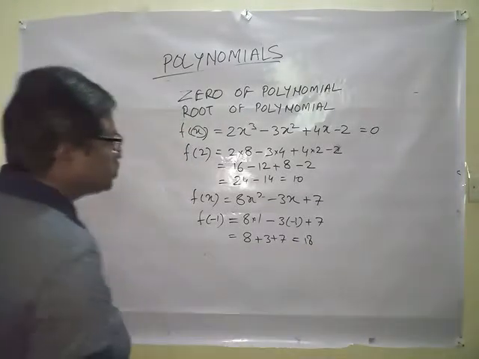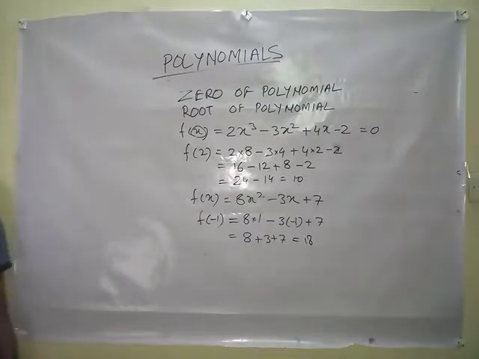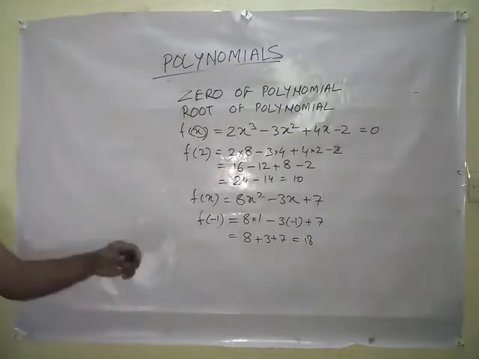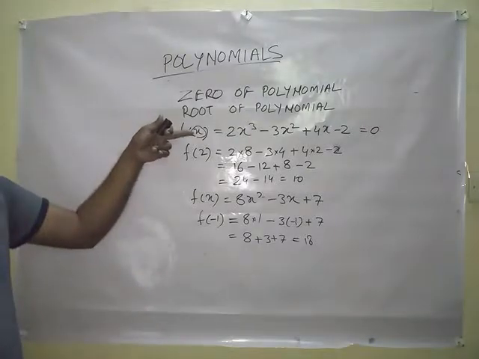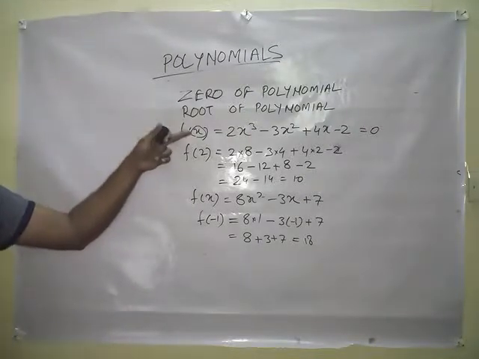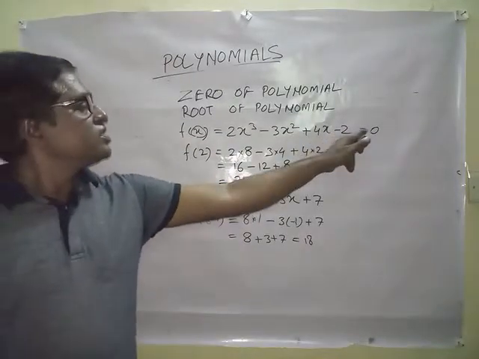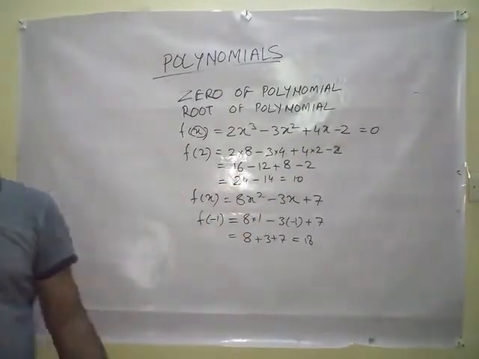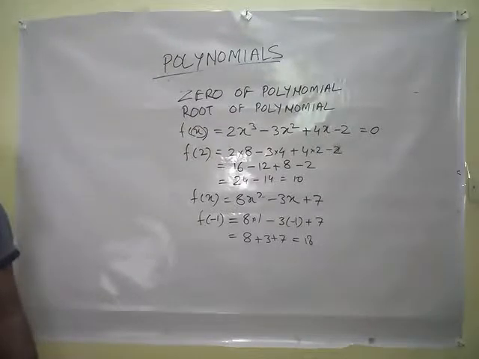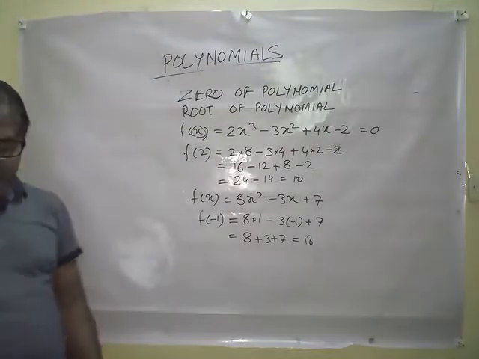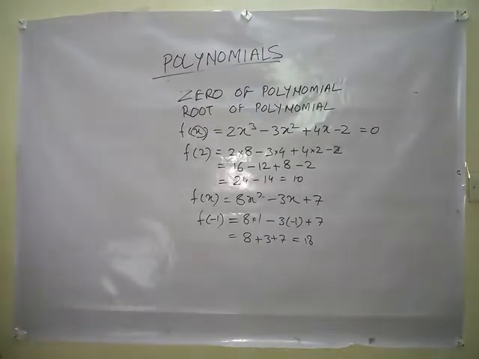So that is also not a root of this polynomial. So you have to find out what exactly is the value of x by which this equation will become 0 on solving that. Let us take another example.